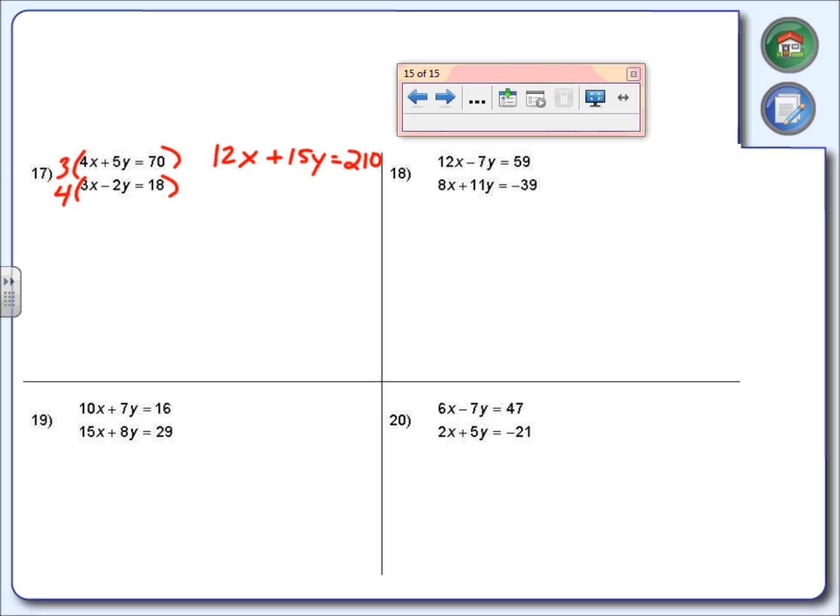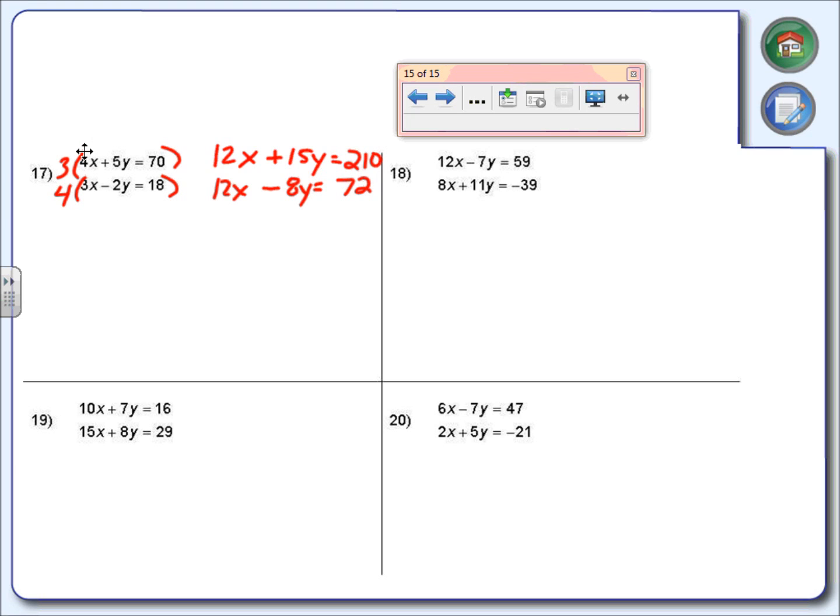So 4 times 3x is 12x. 4 times a negative 2y is a negative 8y. And 4 times 18. What's 4 times 18? 72. So again, notice the whole idea there was to get those numbers in front of the x's to match up.